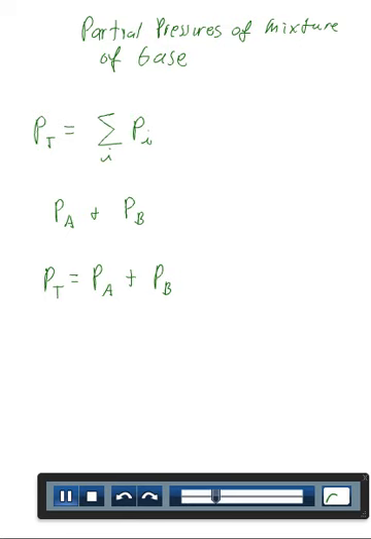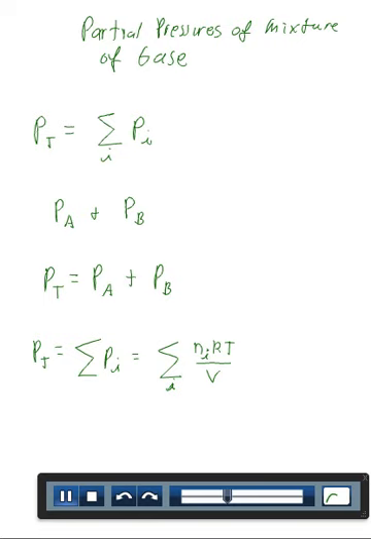Now, since the gases are in the same container, the volume and temperature are the same, and so we can say the total pressure is the sum of the partial pressures, which equals the sum of nRT over V. The only thing that's changing is the amounts of the gas.